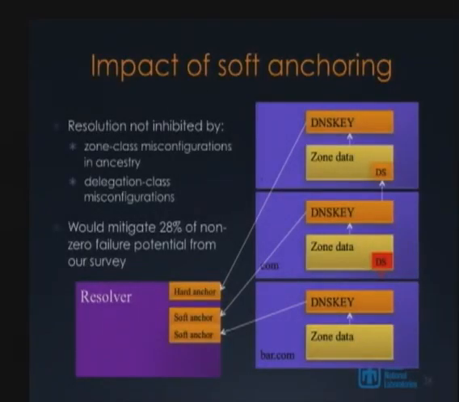And then also, if there are delegation class misconfigurations, like the example here, then you can mitigate both of those situations. And in fact, looking back at our survey data, we saw that about 28% of the events that we classified, or the instances of non-zero failure potential, would have been mitigated using this type of setup.